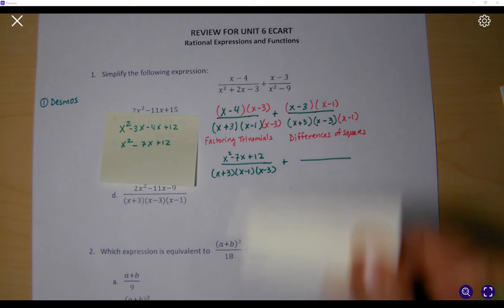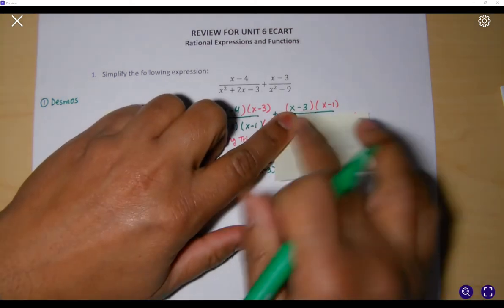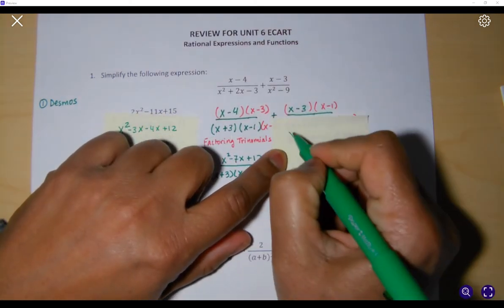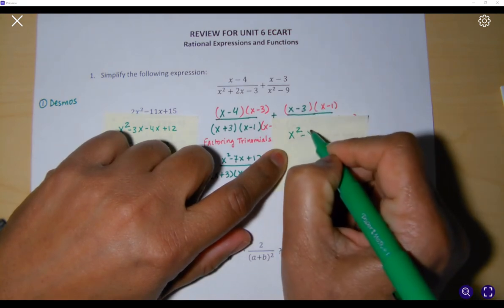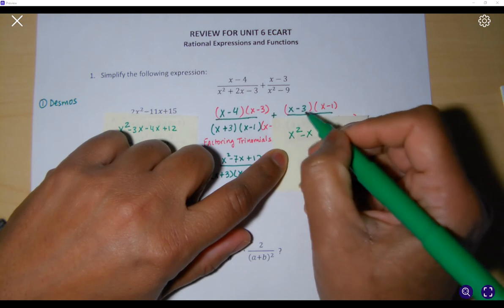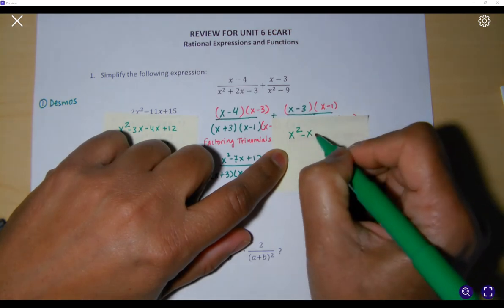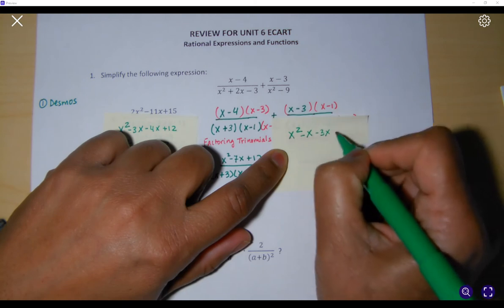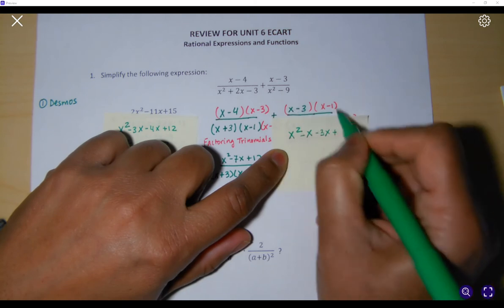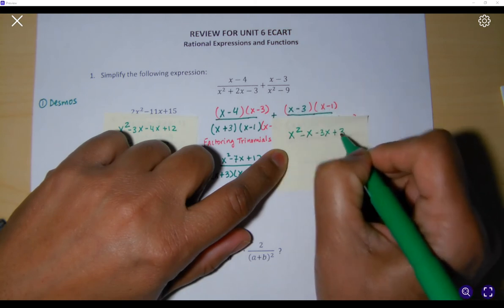So for the next one here also, I'm going to do x times x is x squared. X times negative 1 is negative x. Negative 3 times x is negative 3x. Negative 3 times negative 1, a negative times a negative, is a positive 3.